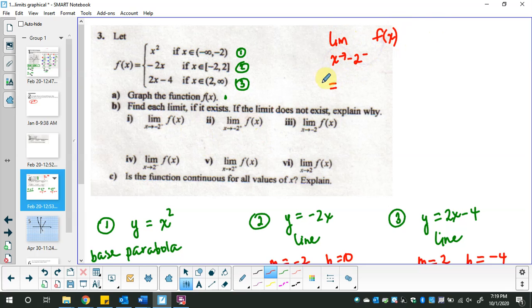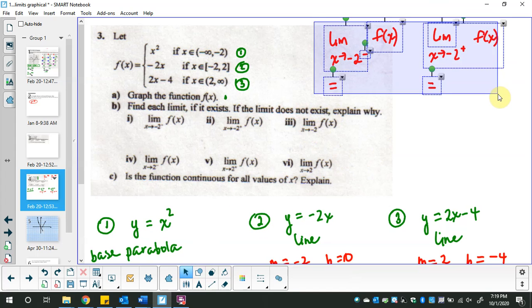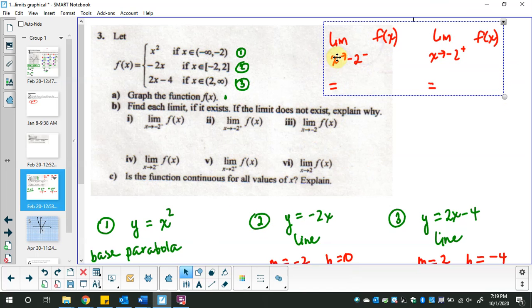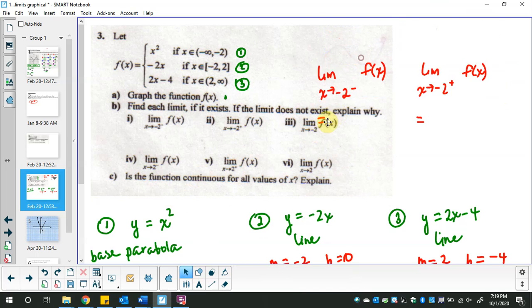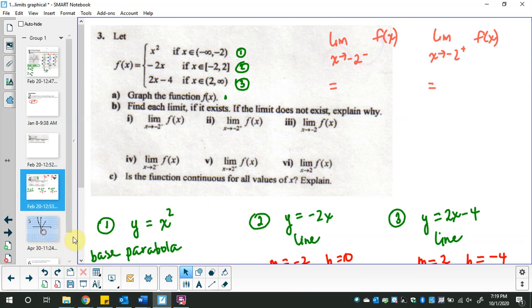Another question is the exact same thing, but from the positive side of f at x. And then the overall. So I'm just going to drag them sideways for a second.